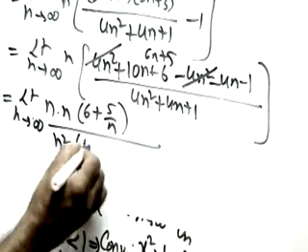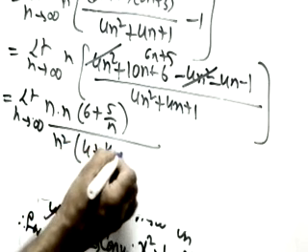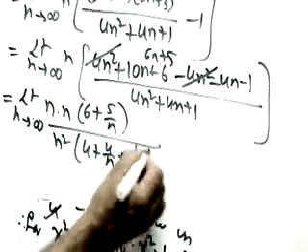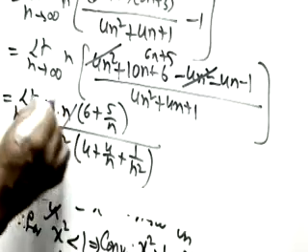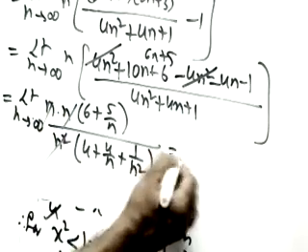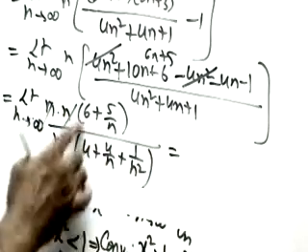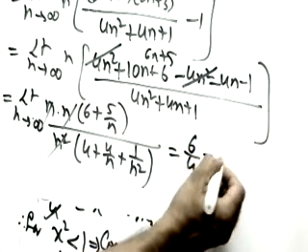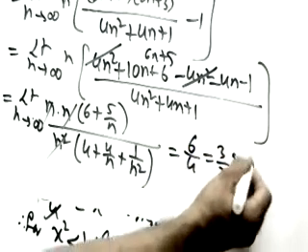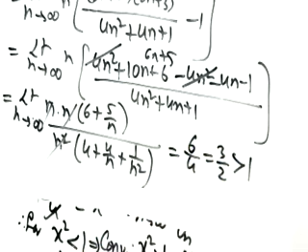In the denominator also take n square common, left with 4 plus 4 by n plus 1 by n square. Now n into n square gets cancelled. If you substitute the limit, this goes to 0 and 0. 6 by 4 is nothing but 3 by 2. This is greater than 1. So in Raabe's test, if we are having greater than 1, the series is convergent.